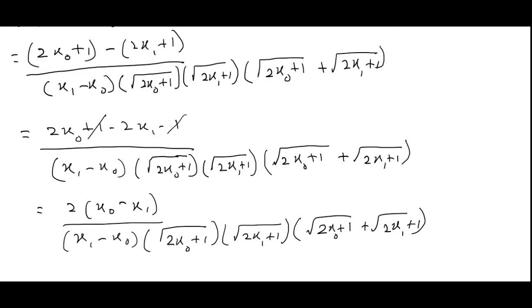Now this numerator can be cancelled with this denominator, that is x1 minus x0, by taking minus 1 common from the numerator.